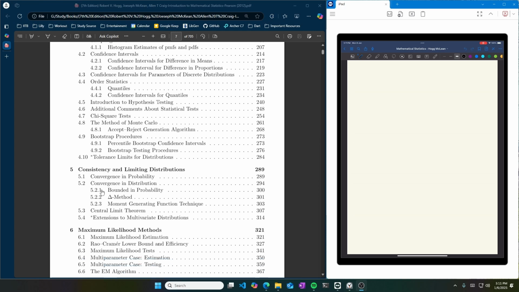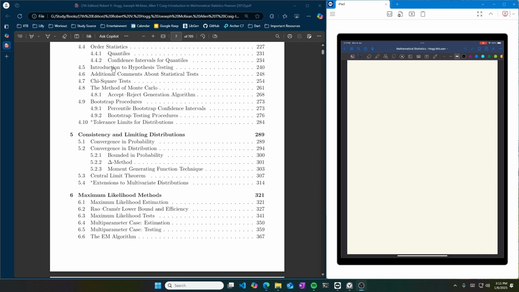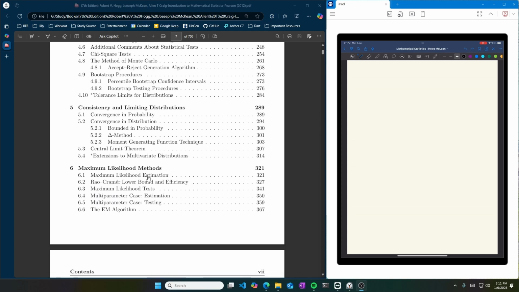But we'll also see, when we use the maximum likelihood method, that gives another way to estimate those parameters. Those parameters essentially define a particular distribution or have some connection to the distribution at least. Expectation maximization algorithm, multi-parameter case, testing, maximum likelihood test.